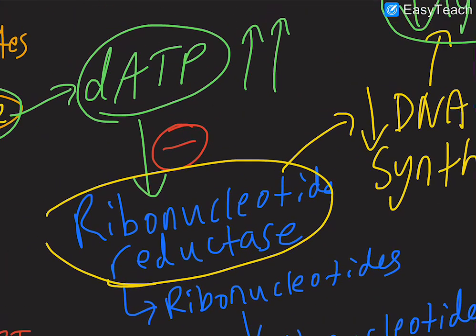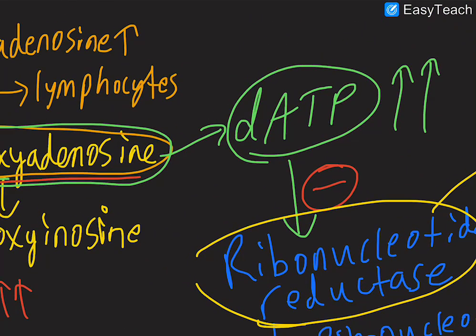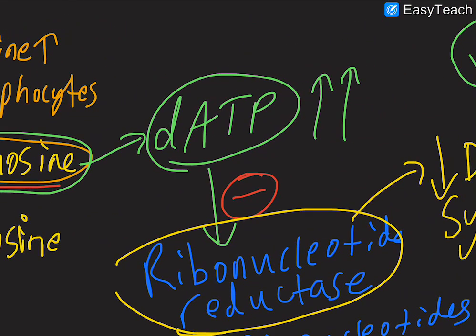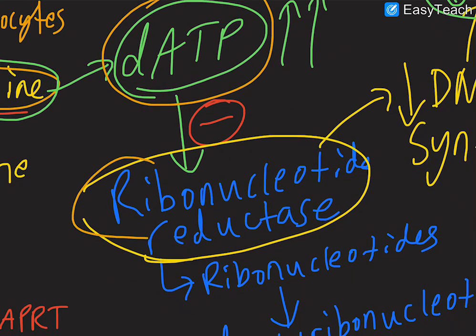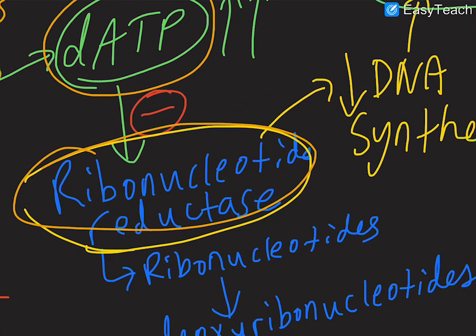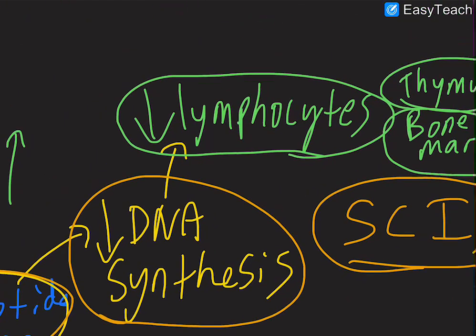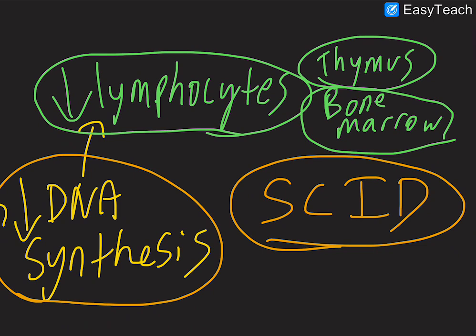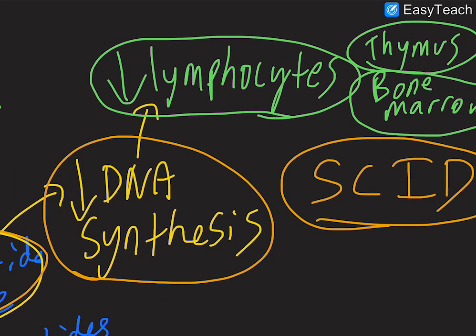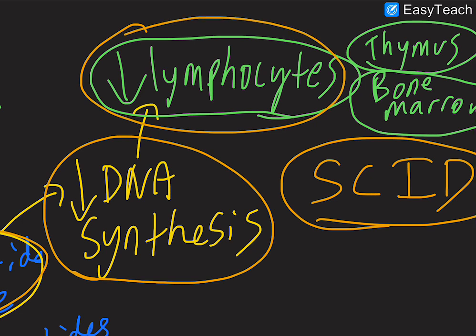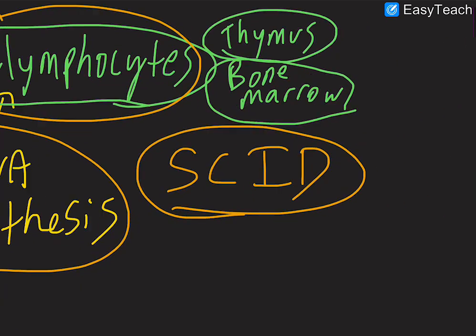The main thing in this video is that adenosine deaminase deficiency will lead to the buildup of deoxyadenosine triphosphate, which will inhibit ribonucleotide reductase, which means you cannot properly synthesize DNA anymore. That's going to be toxic to your T lymphocytes and your B lymphocytes, and you cannot proliferate and grow your cells properly, so you're going to have a decreased lymphocyte count.